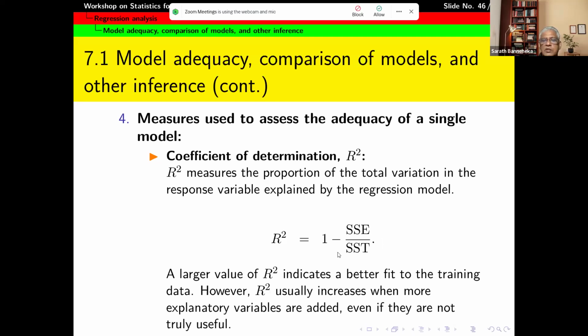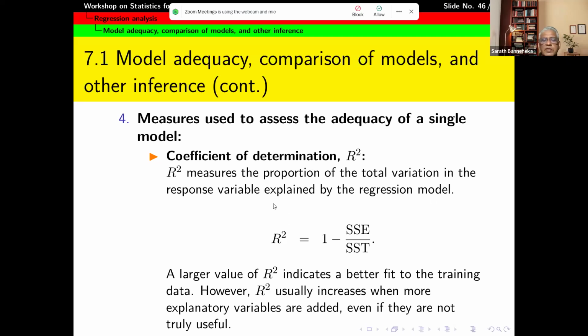So this is the variation in the response variable at the beginning, and SST minus SSE will be the amount of variation in the response explained by the model. And then when you divide that quantity by SST, we get the proportion of the total variation in the response variable explained by the regression model.